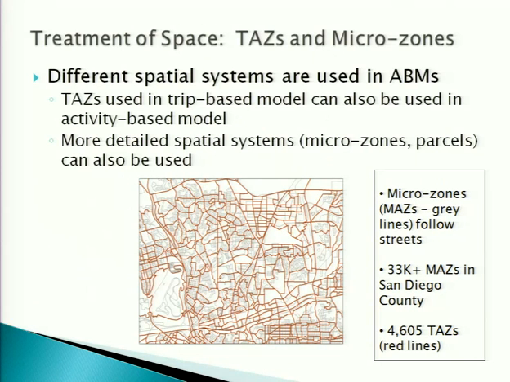So, one other thing to touch on is that all the models have TAZs, the subdivision of space into different areas. But a lot of the newer generation models are starting to subdivide it even further. And so this is an example in San Diego where we have these micro zones, about 10 to 1.